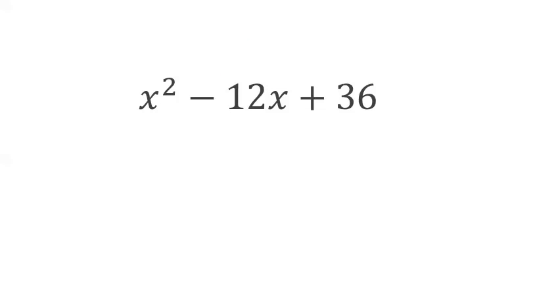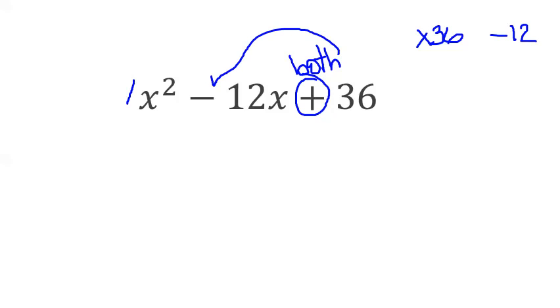Okay, so let's look at some special factors. So here we have multiplying 1 times 36, so multiplying to 36, but it has to add to a negative 12. So we know that from our hints, they're both going to be the same sign. And we look at our little sign, and it tells us that they're both going to be negatives. So if we think about that, we want to also look for any special symbols or hints to us.